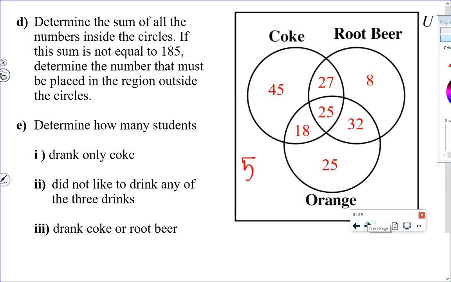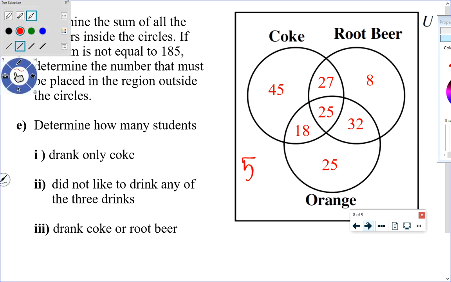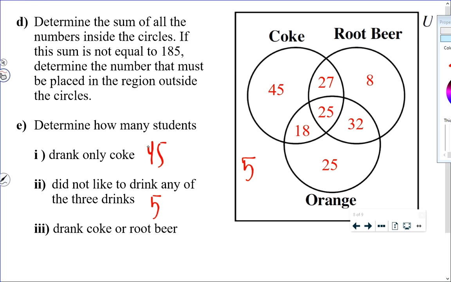Okay, how many students drank only Coke? Well, that's 45. That's another question I could have asked you from the beginning, but you can't really do it until you complete the Venn diagram. How many did not like to drink any of the 3 drinks? Well, we've already established that's 5. How many drank Coke or root beer? Coke or root beer is the union of these 2 sets.